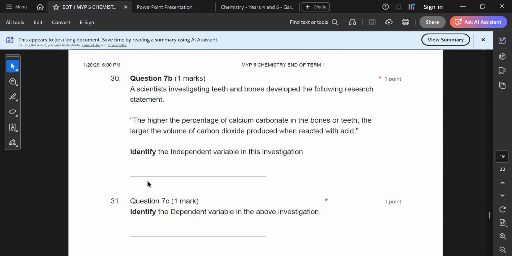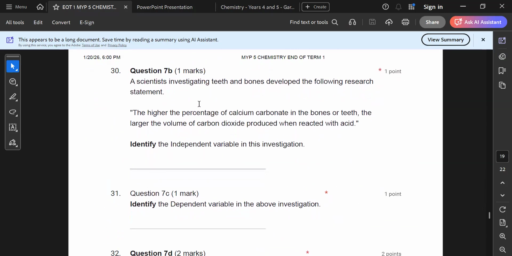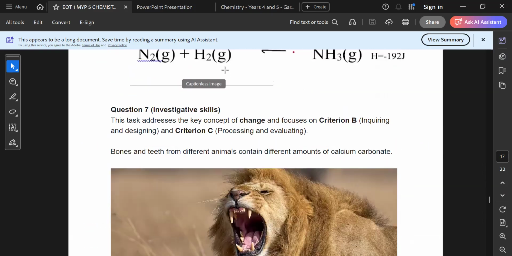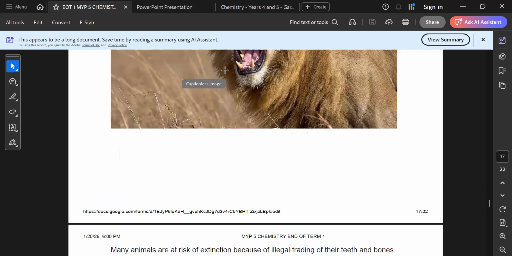If I move to page 19, right here, the question says, a scientist investigating teeth and bones developed the following research statement. As I said, variables can be gotten from a research statement, or from the stem. The stem means the text that I mentioned before the experiment. We shall go back there and check on it later.